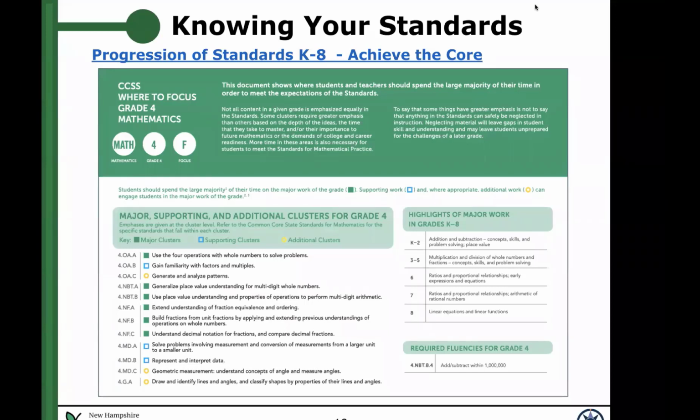So the little green boxes really focus in on the standards that are the major focus areas. Then you have the supporting, which are the blue squares, and then additional clusters, which are not related to the main focus areas, but are still important. And these tend to include most of your geometry and getting ready for statistics and probability.